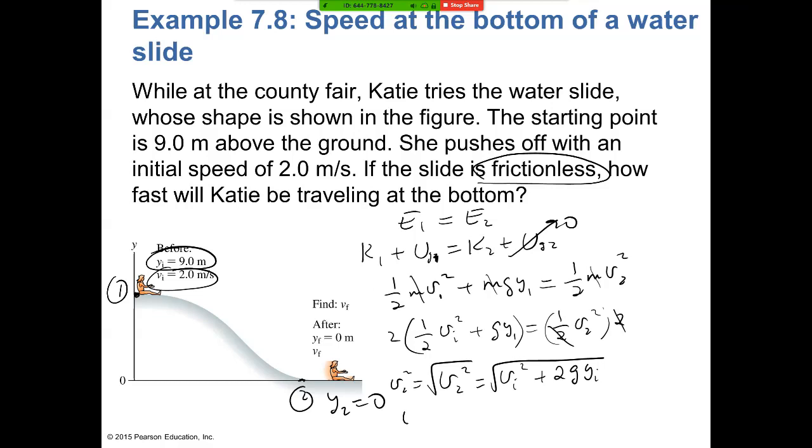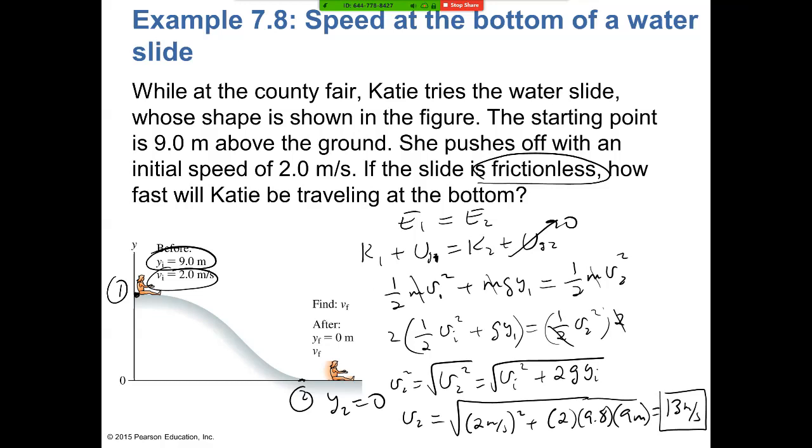So v2 equals the square root of v initial, which is 2 meters per second, squared, plus 2 times 9.8 times the 9 meter height. We get 13 meters per second. You can see how easily I was able to find the speed at the bottom of the incline, even with such an unusual shape.